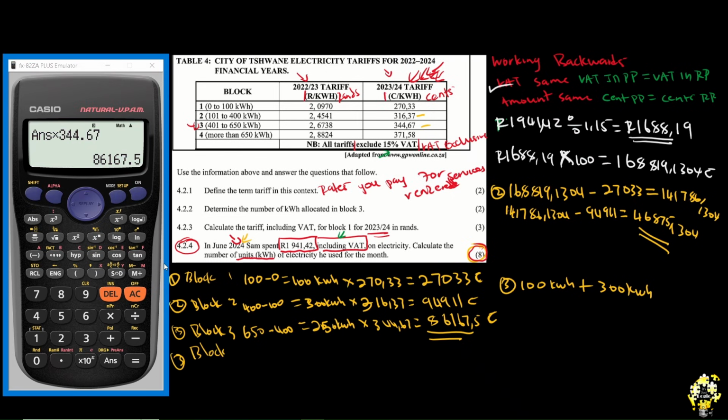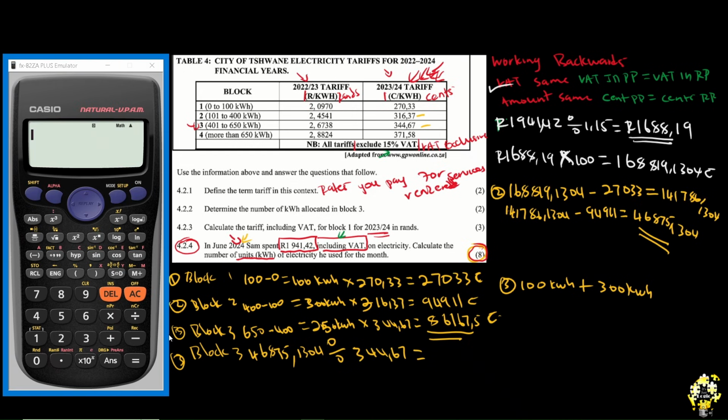For block 3, this is where trial and error comes in. So for block 3, we're supposed to take the remaining amount like we did previously, which is 46,875.1304, and divide by the rate in block 3, which is 344.67, and let's see what you get.